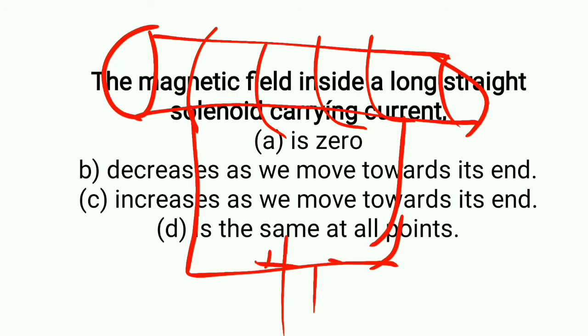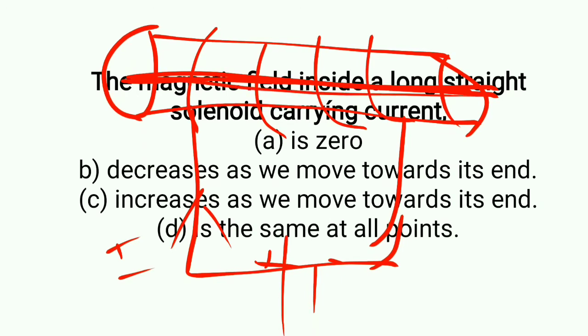Now when we pass the electric current, the magnetic field is produced in the solenoid, and the pattern you will get in a solenoid is similar to the bar magnet. And inside the solenoid, the magnetic field pattern is the same at all the points, that is, uniform straight lines. So the answer is same at all the points. So option D is the correct answer.